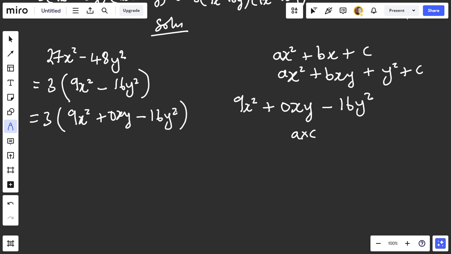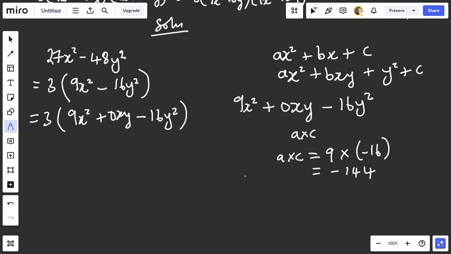Then this 16y squared will now act as a constant if we are considering x variable first. So here our a times c will be 9 times minus 16. 9 times minus 16 will give you minus 144.